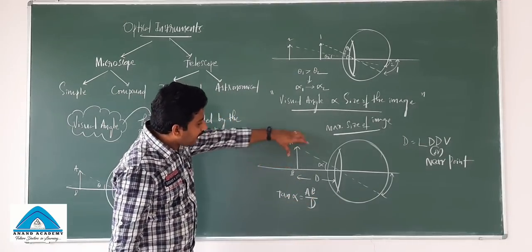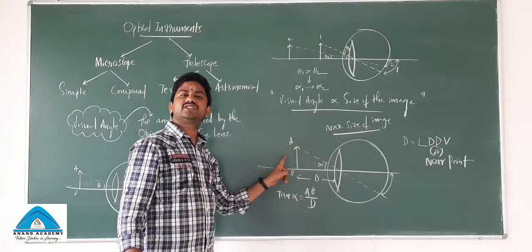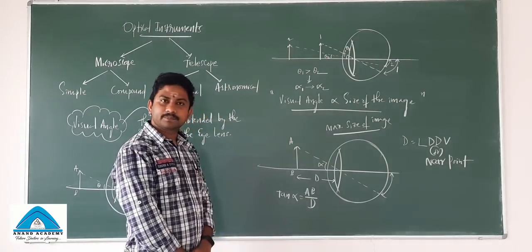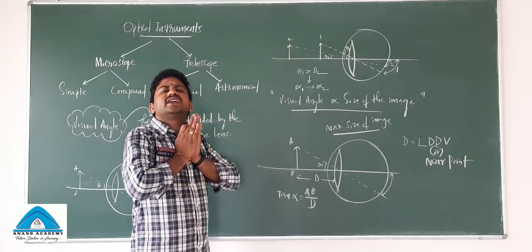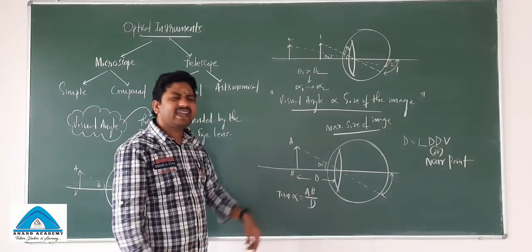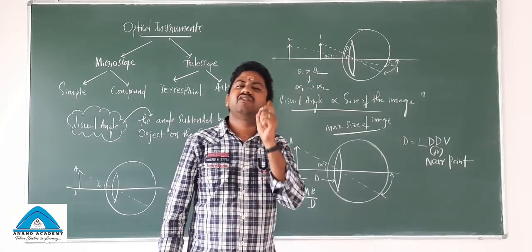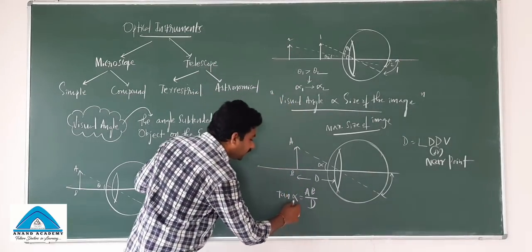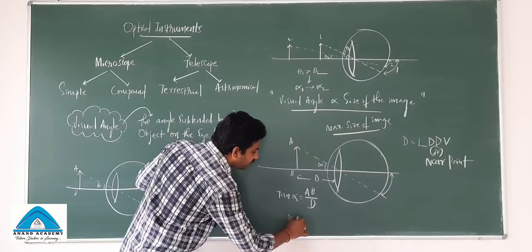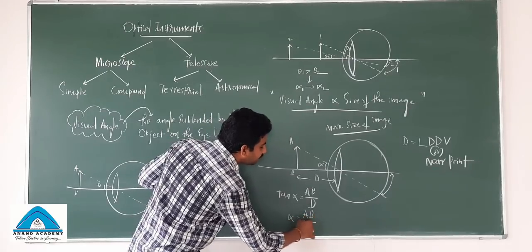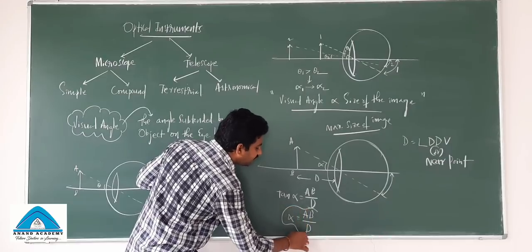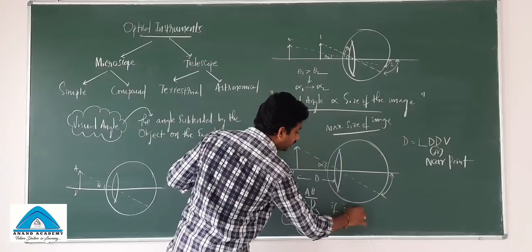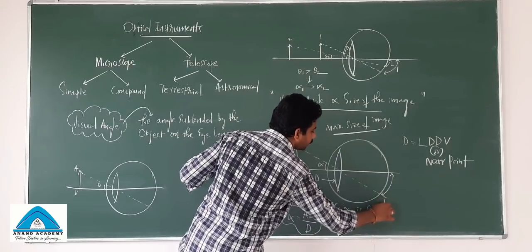So this is AB and this is D. Tan theta is opposite side by adjacent side, AB by D. Right? So then, in all the cases we take, these angles are very small. When the angle alpha is small, I can write tan alpha is equal to AB by D. And this is a very important expression here. If alpha is small.